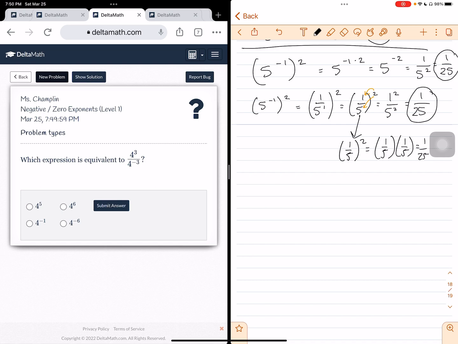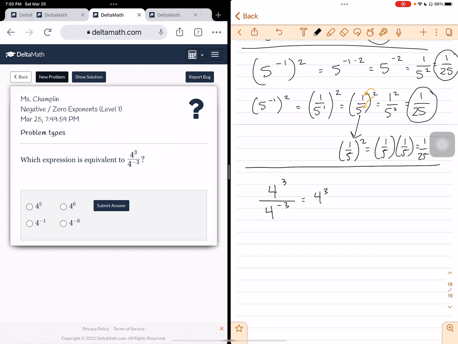Again, you guys need to first know how to simplify these before you even look at the answer choices, right? Don't even look at them yet. Just work through to see if you can simplify this first. There are again multiple ways you can do this problem. If you immediately see that you can use the quotient rule, then you can set it up.